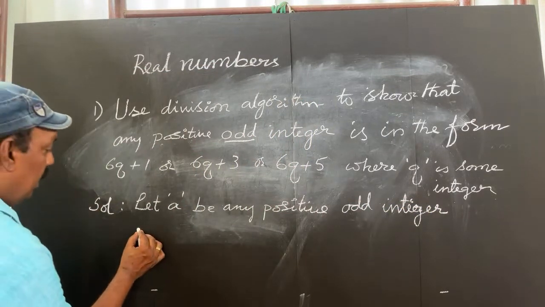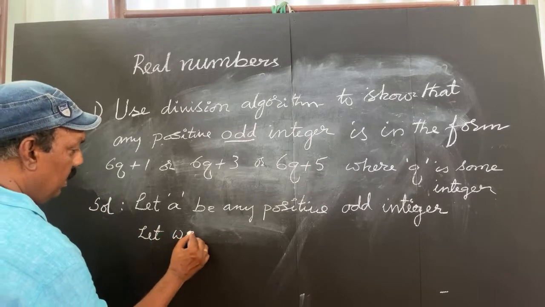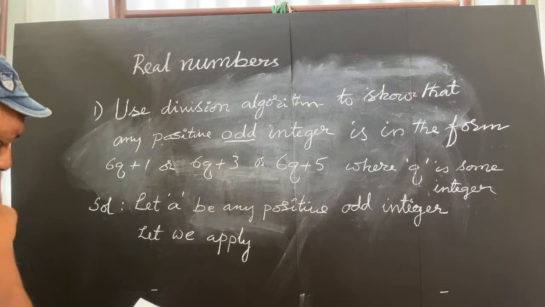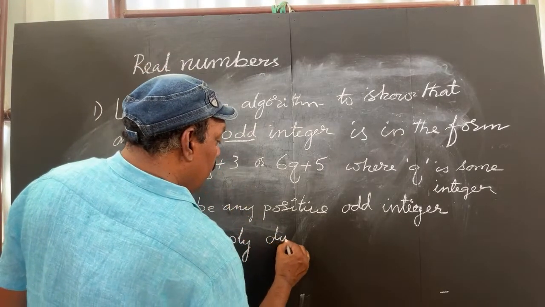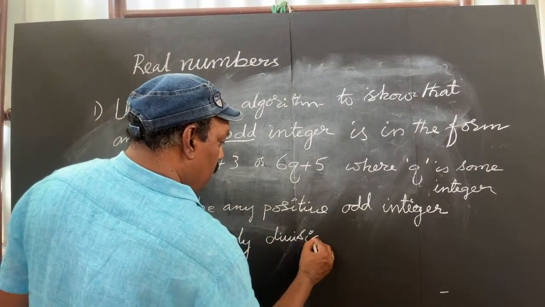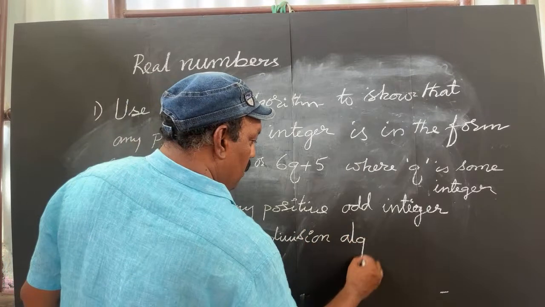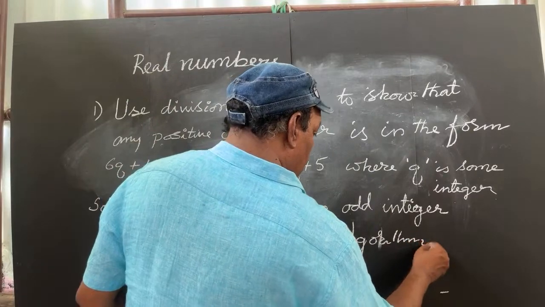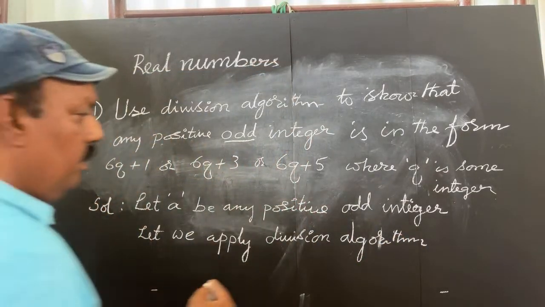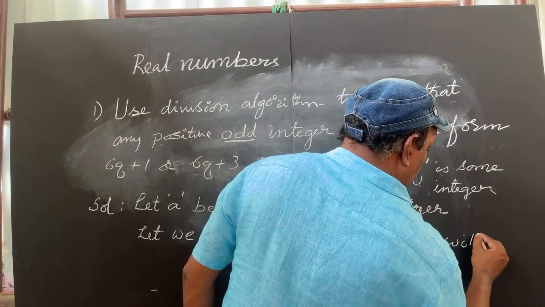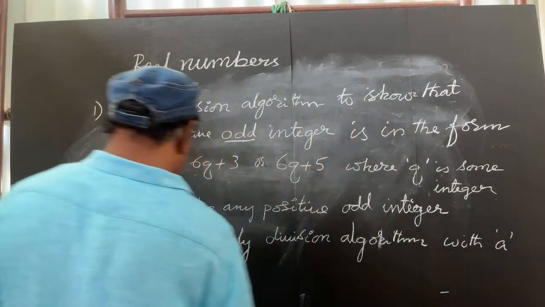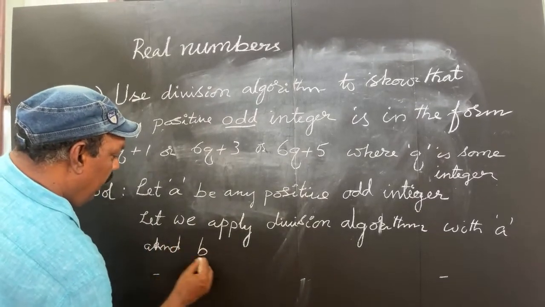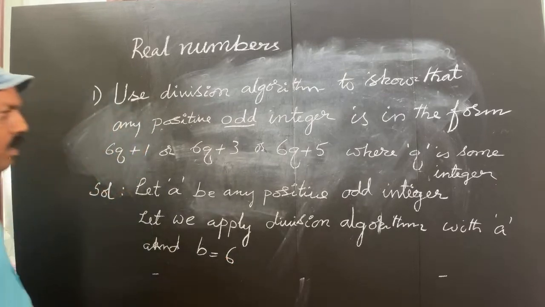Step number 2 is, let's apply division algorithm with a and b, where b is equal to 6 here.